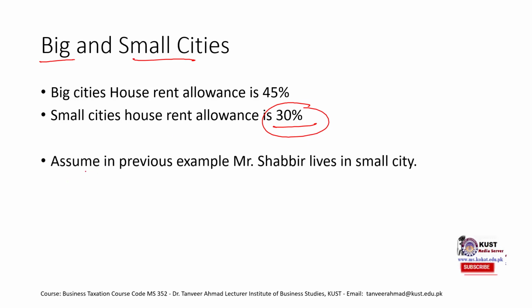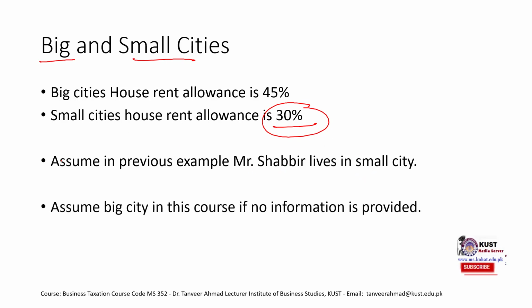So for your own practice, what you can do is assume that in previous example, Mr. Shabir belonged to a small city and then recalculate his taxable income. Okay, so in this book or in our video lectures, it is not necessary that in each example we would mention that the employee belonged to a big city or a small city.